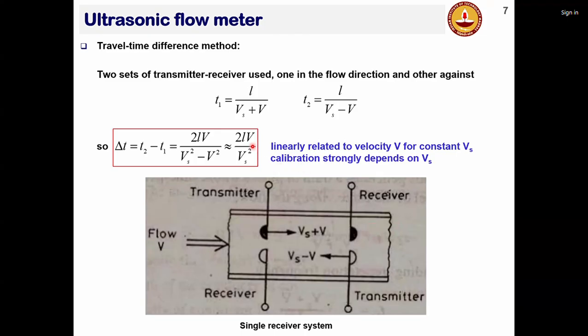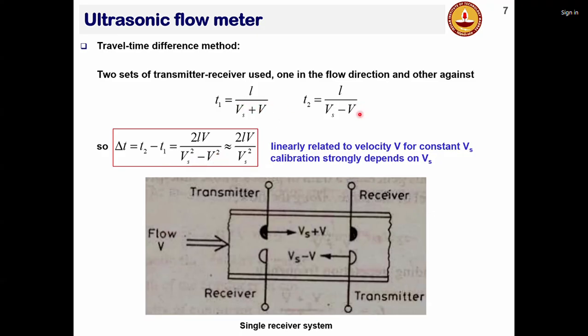Here, in the travel time difference method, when you have the transmitter here and receiver there, you find the signal travel time as L divided by Vs plus V. In the second case, you find the signal travel time as L divided by Vs minus V. If you measure these two times using a control system with an appropriate clock, and take the difference between these two signals, T2 minus T1, it is going to be 2 into L into V divided by Vs square minus V square.